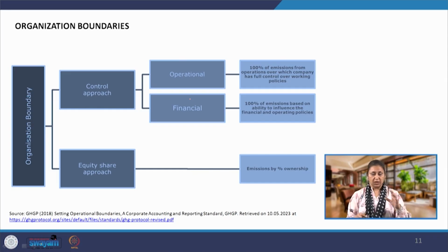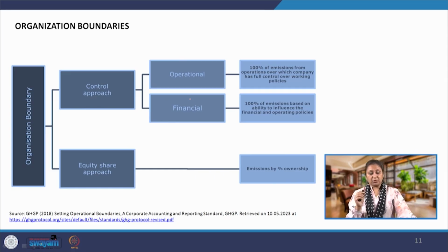But currently GHG emission reporting requires a company to define its organization boundary based upon any one approach, either control approach or equity share approach. Now, control approach could be two way, but when a company chooses control approach, they have to go ahead with both operational as well as financial.